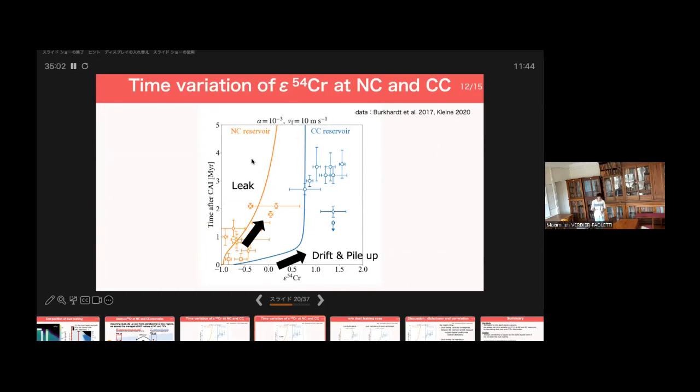I cannot catch your question, could you say that again? So, in the outer disk, the average isotopic composition doesn't change after 1 million years. But is there a spatial gradient?